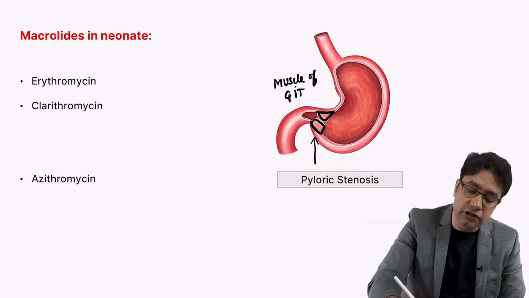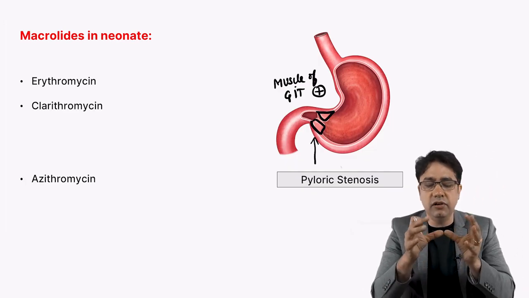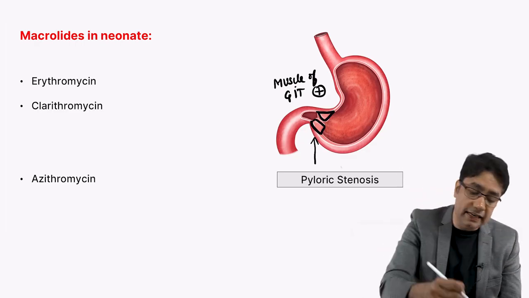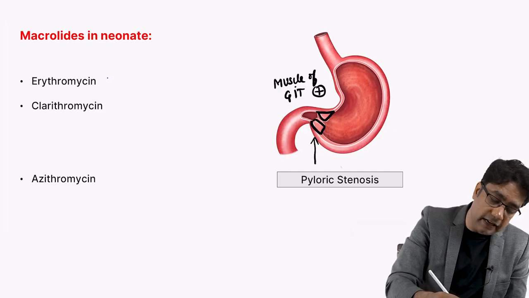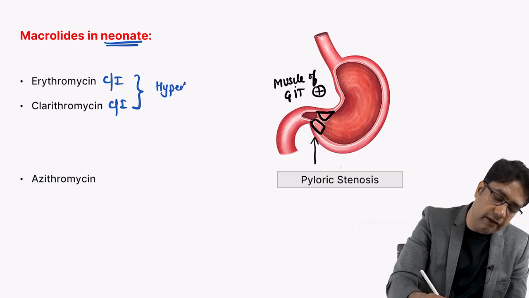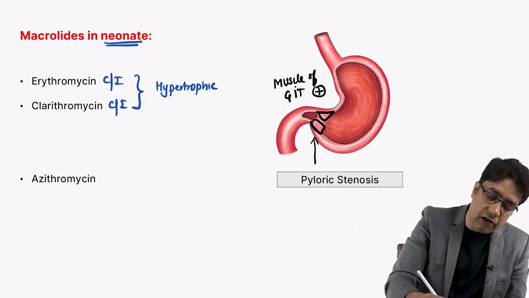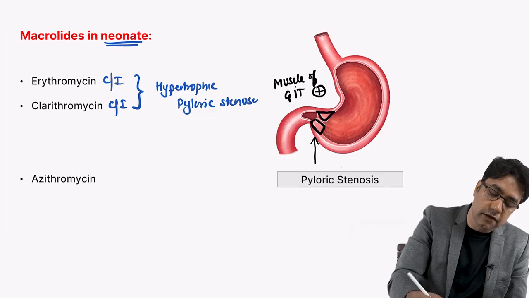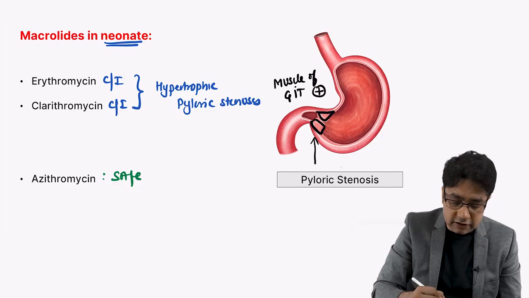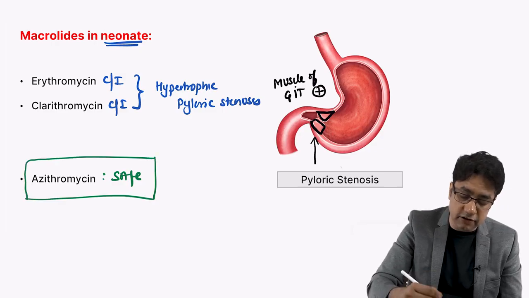Because of this stimulation of motilin receptors, slowly the muscles become hypertrophied. That is why macrolides like erythromycin and clarithromycin are contraindicated in neonates, because they can cause hypertrophic pyloric stenosis.